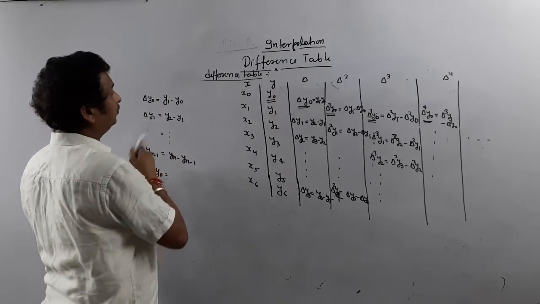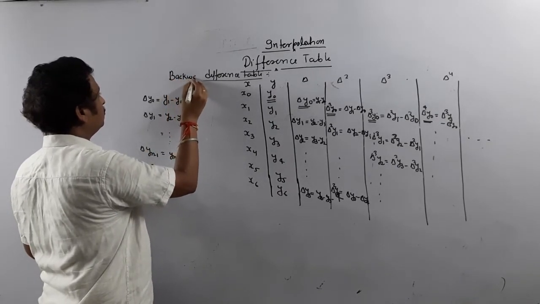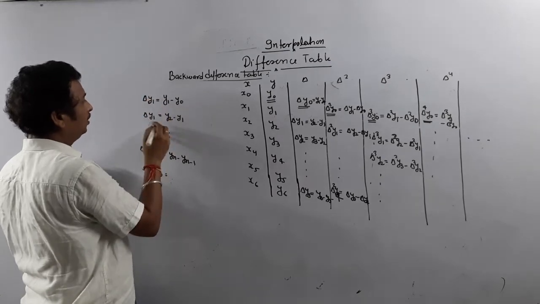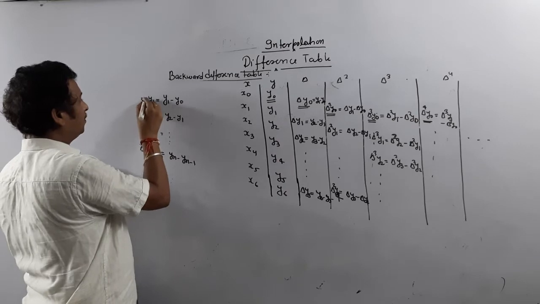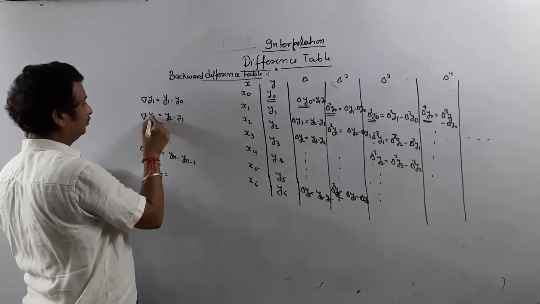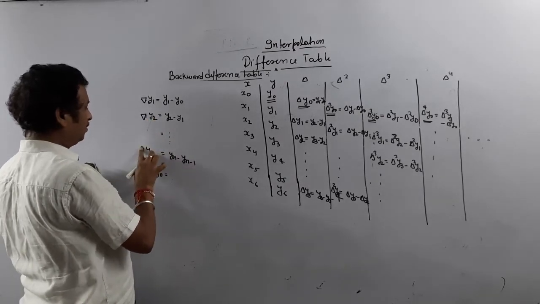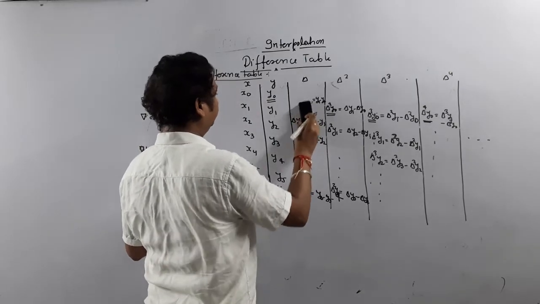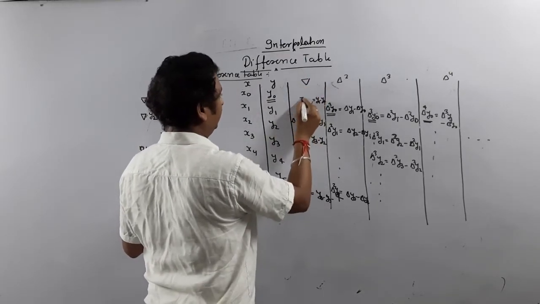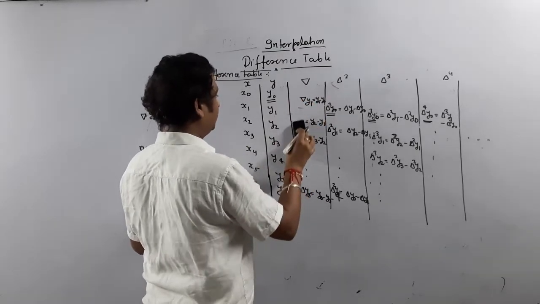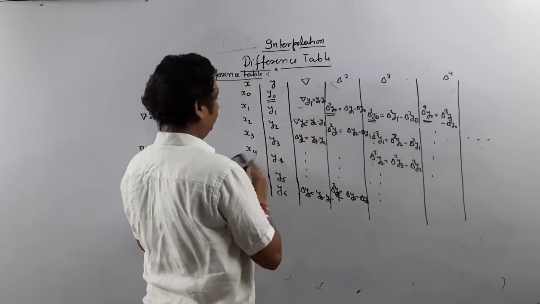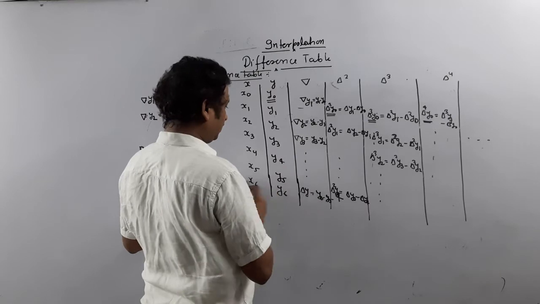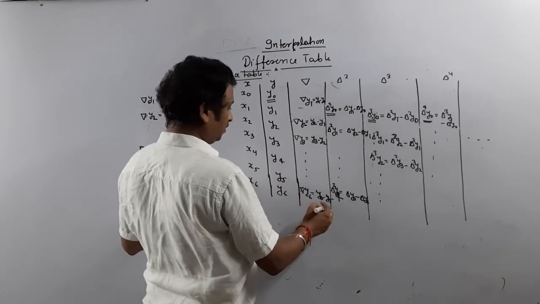In backward difference, we denote this difference by del y1, this by del y2, this by del y3, and this by del y6. The difference is the same, but we denote it by a different notation.